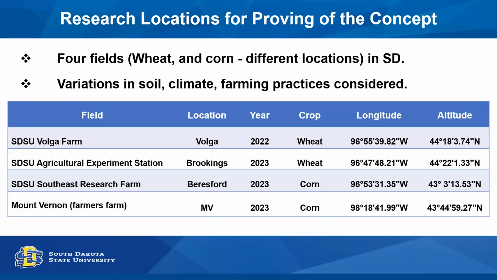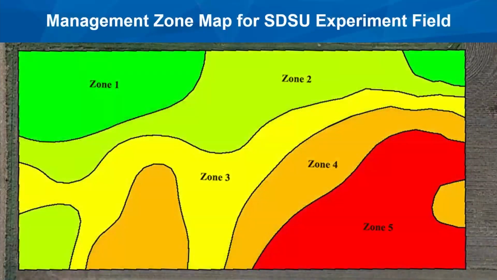Today, I'm going to talk about one wheat field which we had. We created different zones using electrical conductivity, and we tested the soil as well, because we wanted to make sure that when we are using electrical conductivity, those are correct numbers.